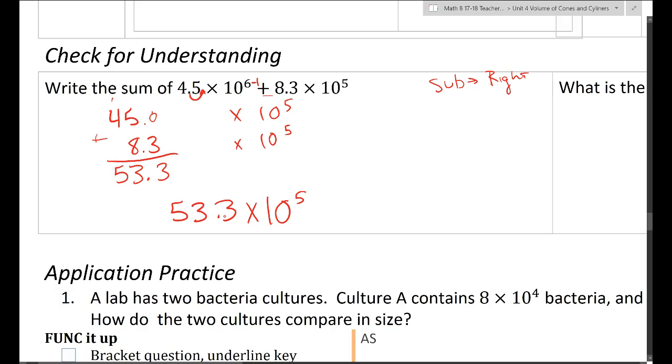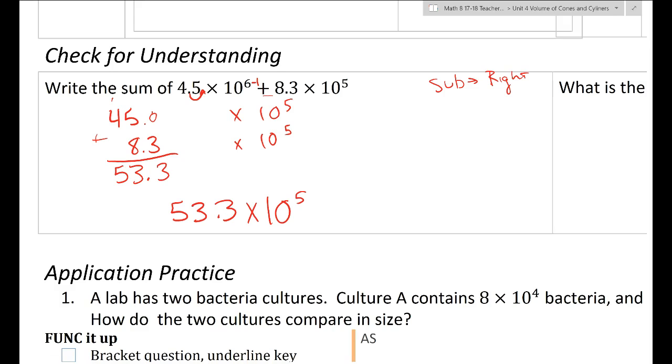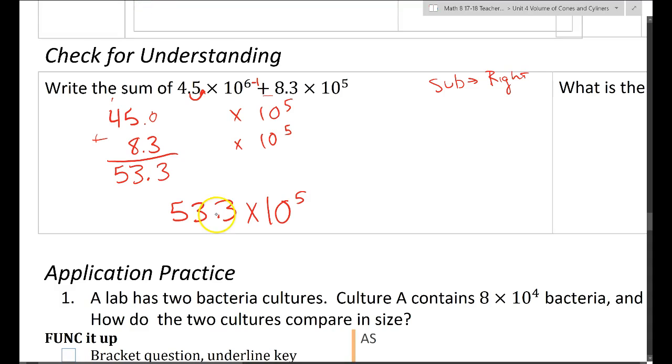And then I ask myself, okay, great. Is this in scientific notation? It is not yet. Hopefully you saw that. I need to put it between 1 and 10. So I move this one place back. And I see that when I go to the left, add, when I go to the left. So it's 5 plus 1. So the correct answer is 5.33 times 10 to the 6th.